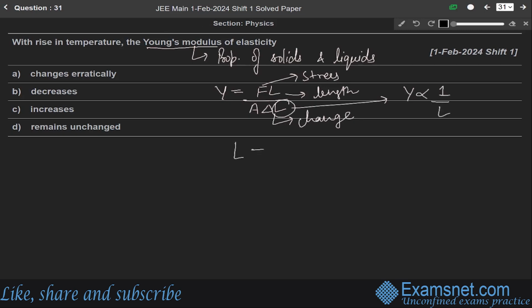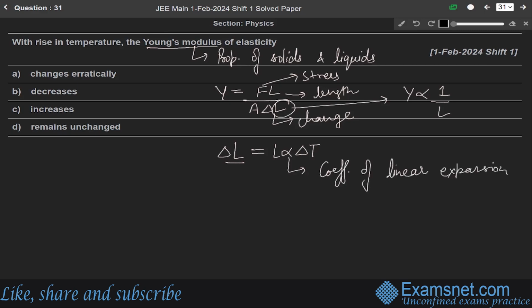This change in length can be written as delta L equals L alpha delta T, where L is the original length, delta L is the change in the length of the wire, alpha is the coefficient of linear expansion, and delta T is the change in the temperature.